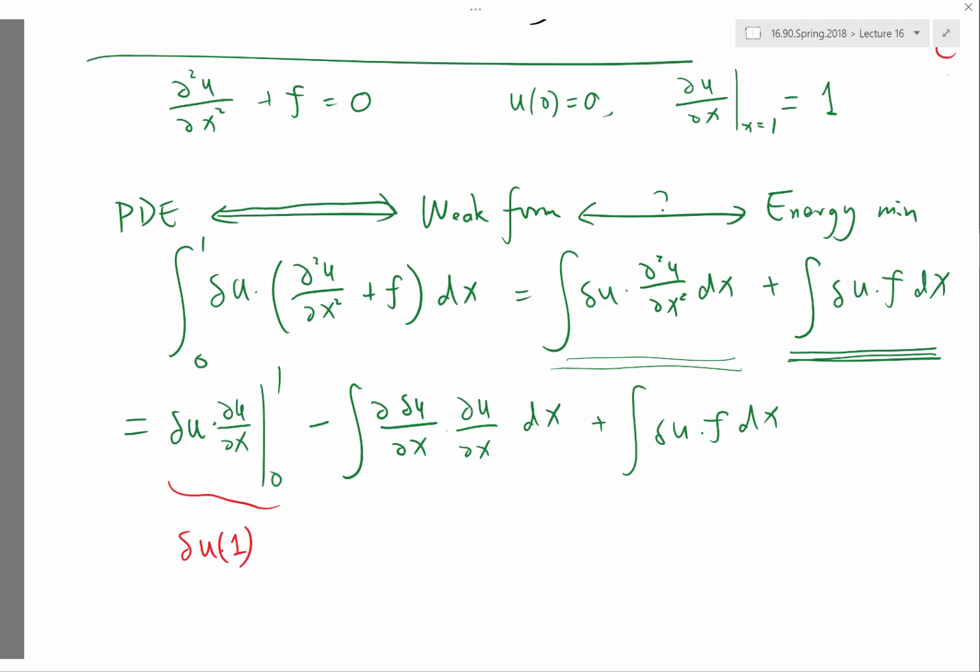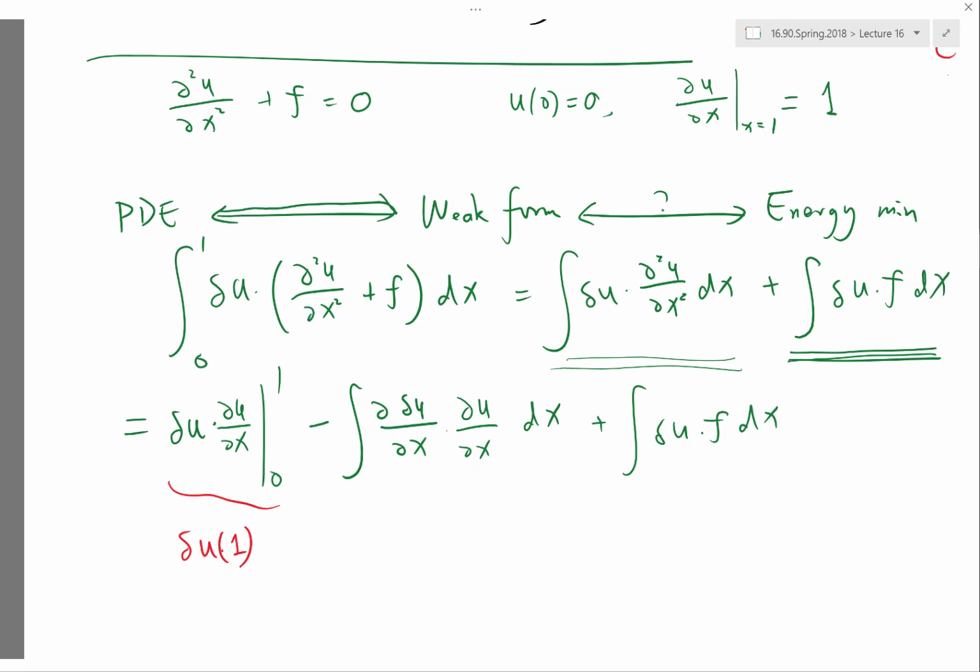If u0 equal to 1, delta u is not perturbing the boundary conditions of the solution, it's just perturbing the solution. So if u0 equal to 1, what is delta u at 0? 0, right? Because no matter what u0 is, my delta u at 0 shouldn't change that boundary condition.